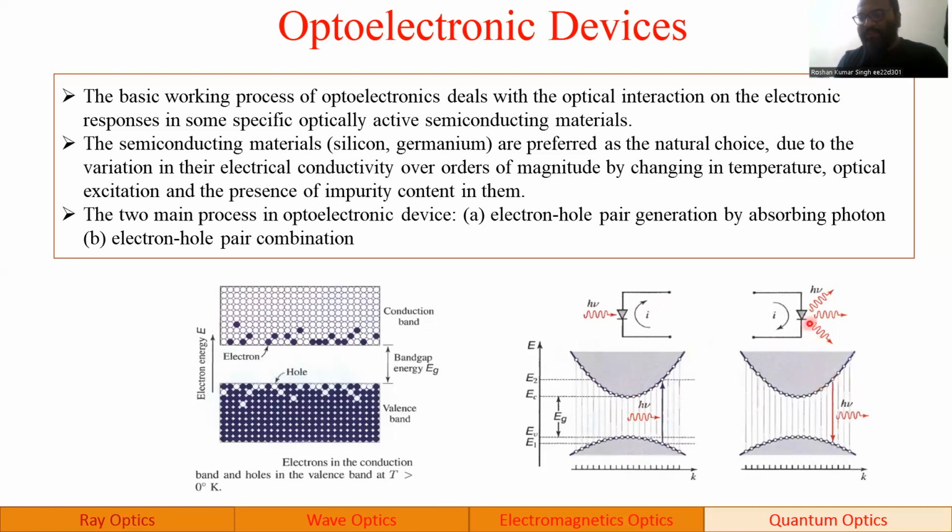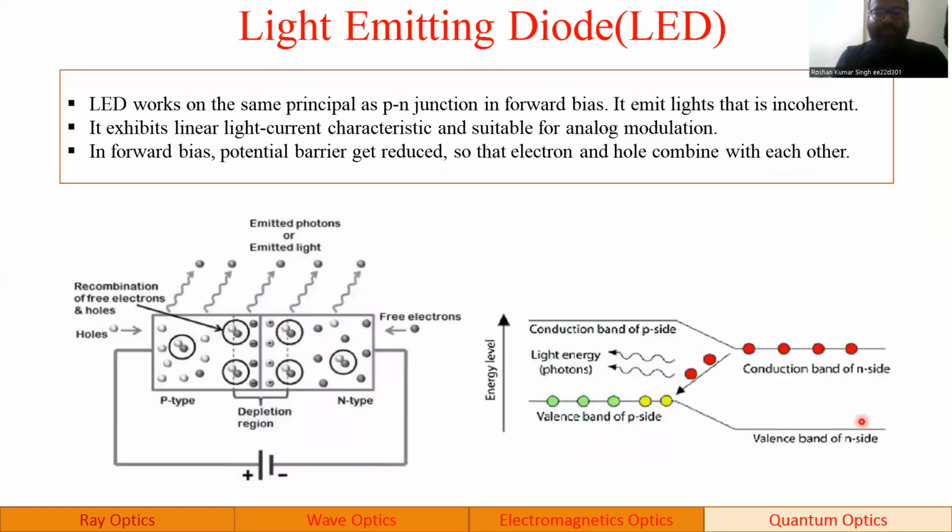This is the reverse of that process. When the electron comes to the ground state, it emits a photon in terms of light. How does the light emitting diode work? It's a semiconductor material, similar to a PN junction, and an LED always works in forward bias.